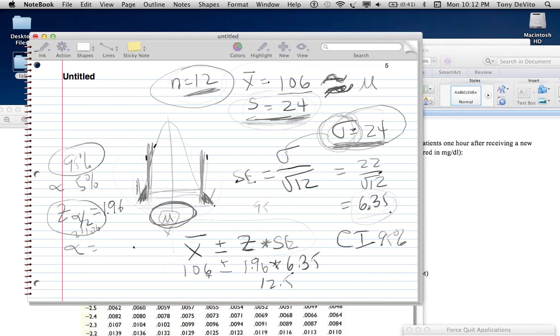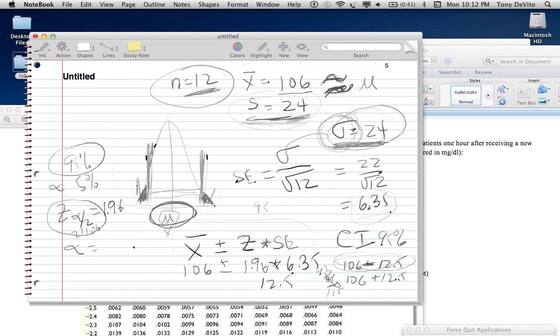So my confidence interval is going to be 106 minus 12 and a half and 106 plus 12 and a half, and that's going to come out to be roughly 93 to 119, right?